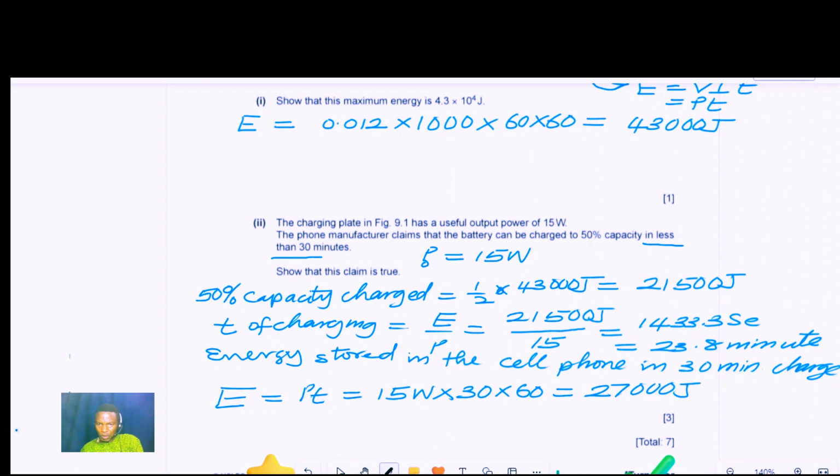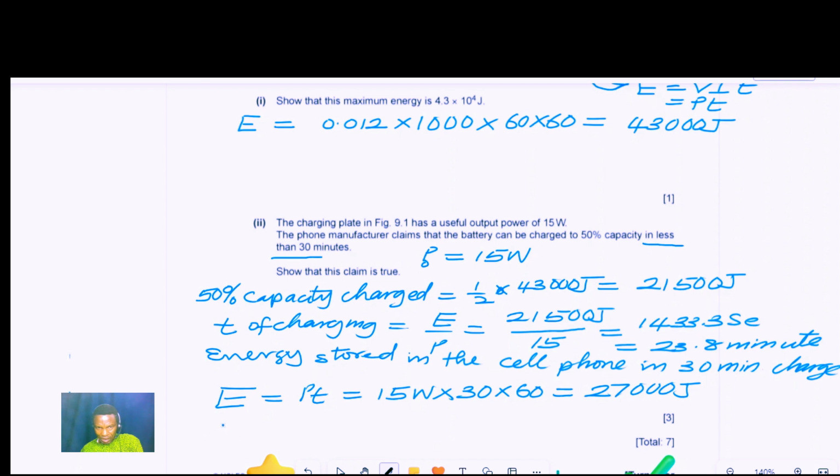What capacity is 27,000 joules? Let's look at the percentage charge for 30 minutes.